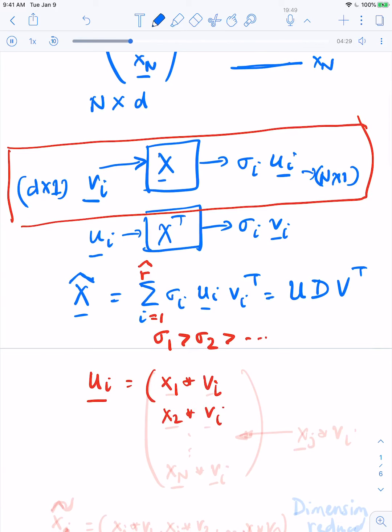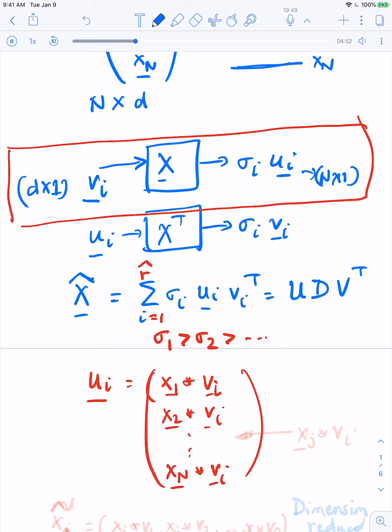Remember, the x's are row vectors and vi are column vectors. These are the numbers that we have, down to xn multiplied by vi. So each vi is taking a linear combination of the original features and coming up with a particular feature.